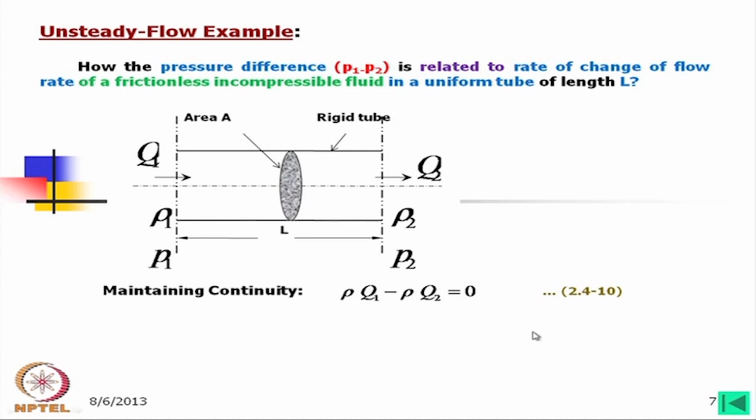This simplicity is required to avoid the complication in the calculations, and in most of the cases the error will be negligibly small. Therefore, we can write Q1 minus Q2 is equal to 0. This is for incompressible fluid.